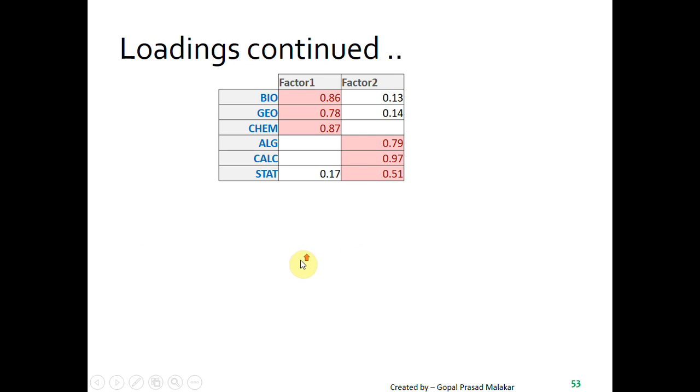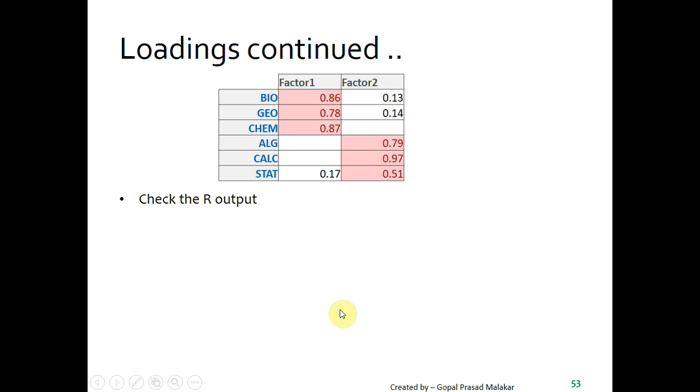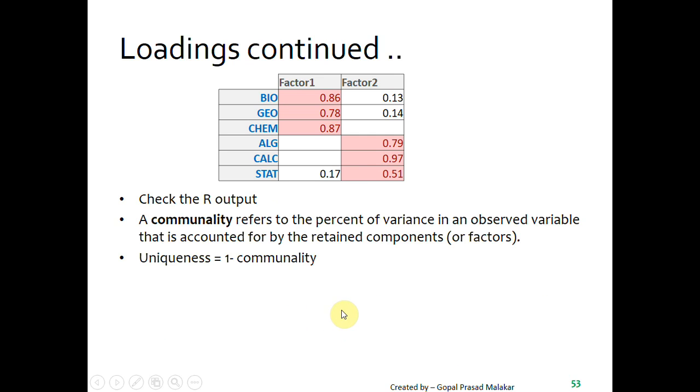So if you ask me what is the communality of biology, it is 0.748. So factor 1 and factor 2 together have 0.748 common stuff with biology.